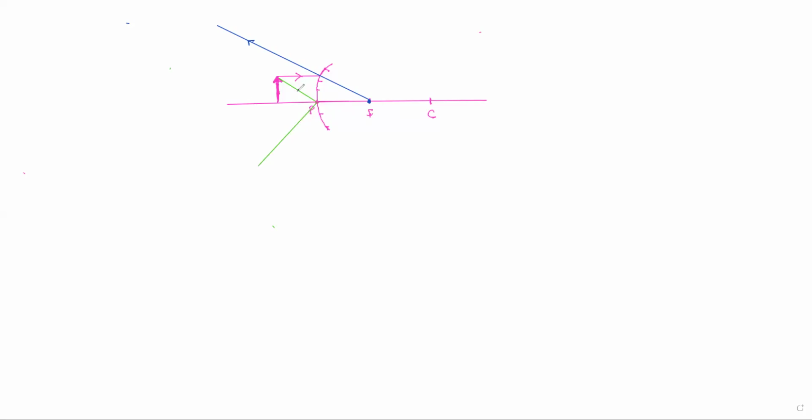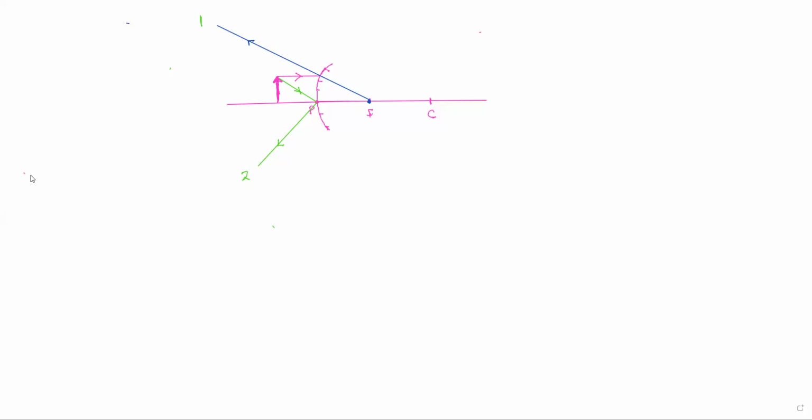So incident, reflected. When you look at the two reflected rays, 1 and 2, would they possibly meet in front of the mirror? Class, would they ever meet in front of the mirror? No, sir. Meaning, there's no way a real image will be formed in front.